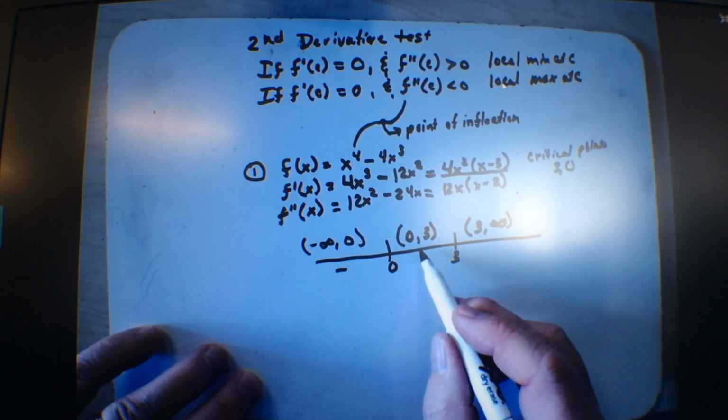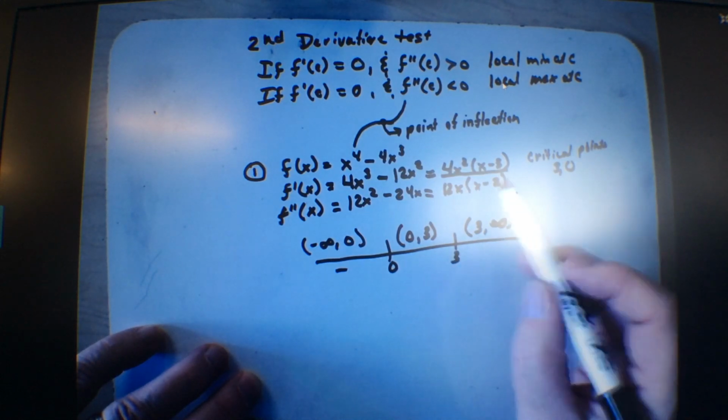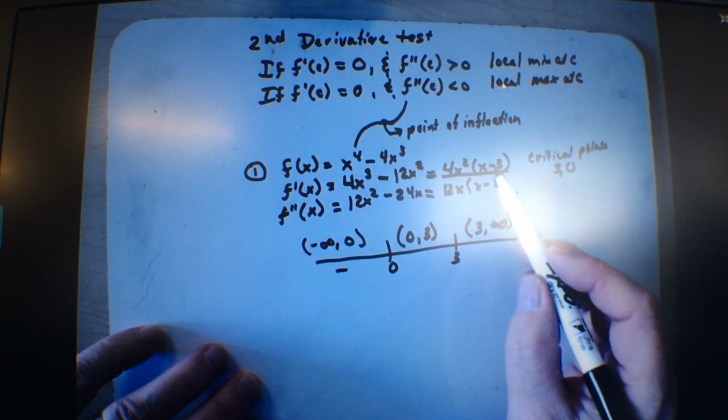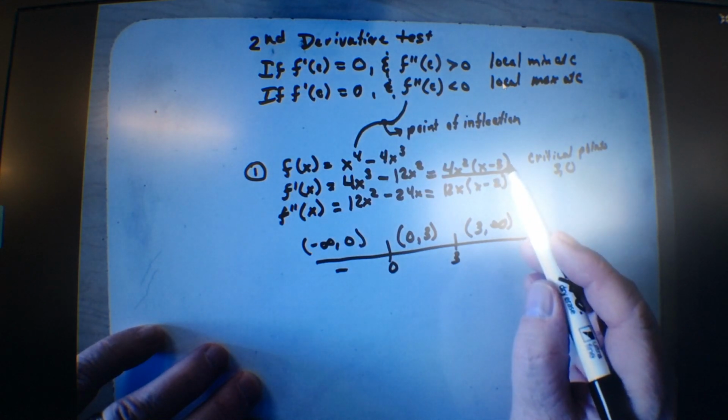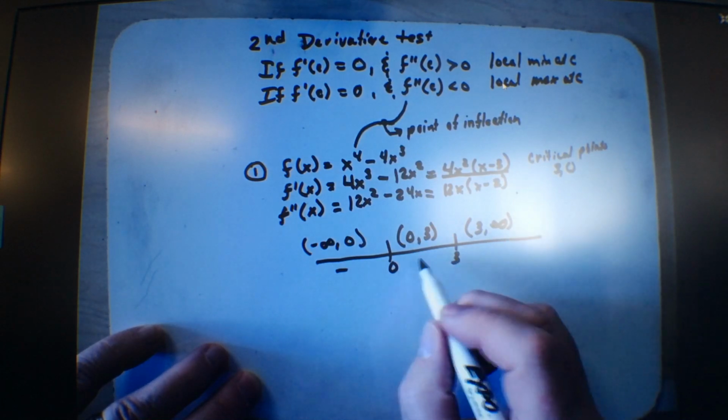Okay, now let's go to here. I'm going to pick 1, is that all right? 1 is between 0 and 3. Put 1 in. That's 4, and that's a -2. It's negative.